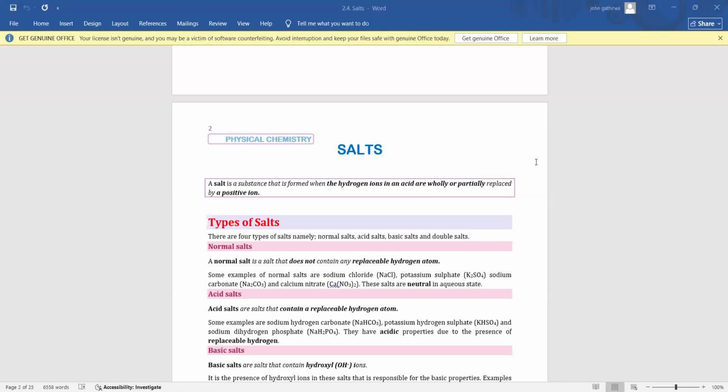Yes, Delmas. It is a salt that does not contain any replaceable hydrogen atom. An example is sodium chloride. Very good, that is correct. Someone has to give us a definition of the acid salts.